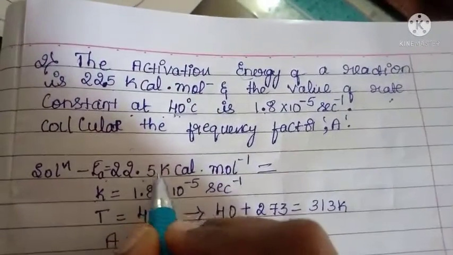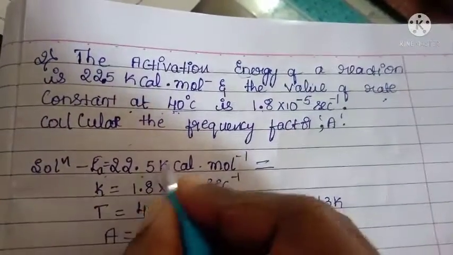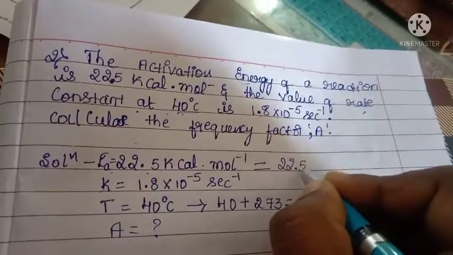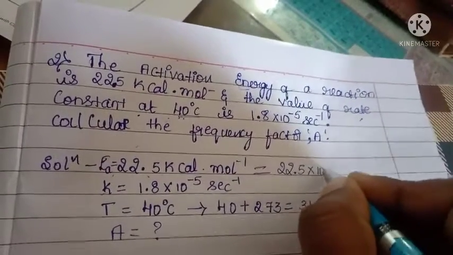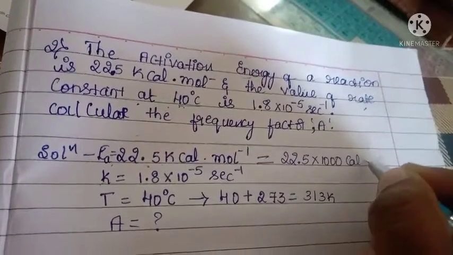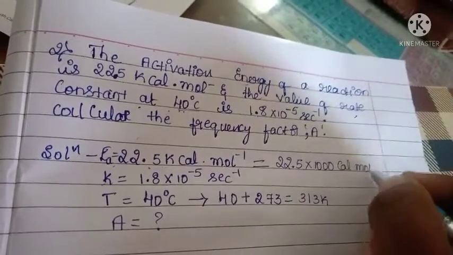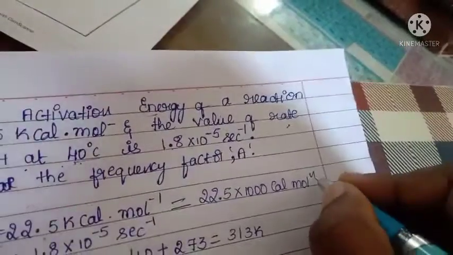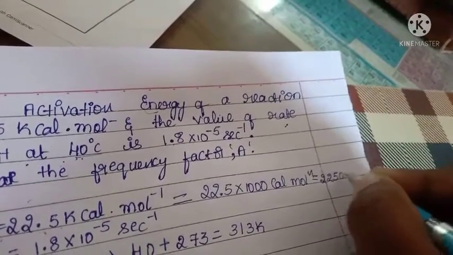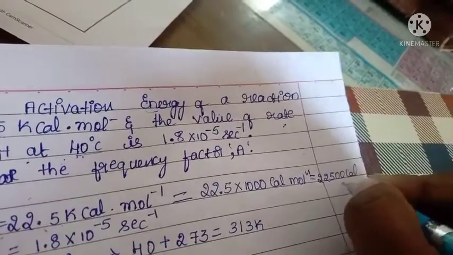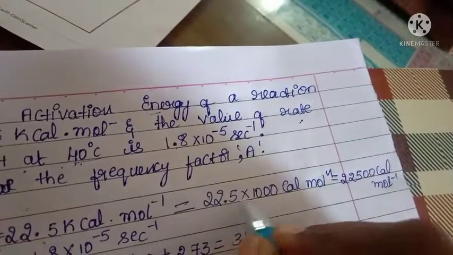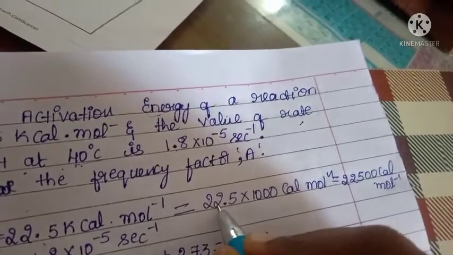It means it is multiplied by 1000: 22.5 into 1000 calorie per mole is equal to 22,500 calorie per mole. Here the decimal point moves and a 0 gets joined.